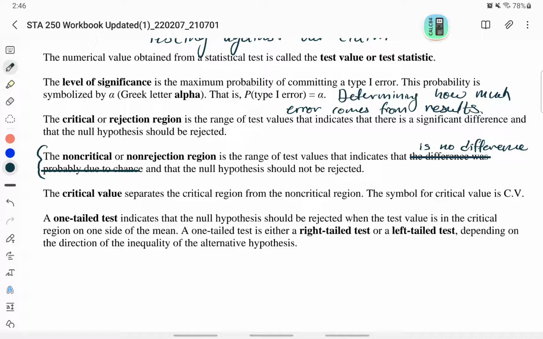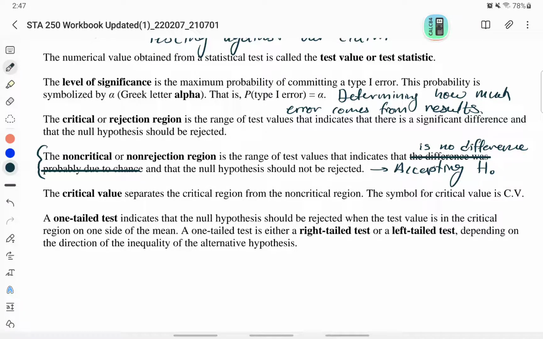So if our test value falls within the non-critical region, we are stating that there is not enough evidence to support our claim. If we do not reject the null hypothesis, then that means we are accepting the null hypothesis. And the null hypothesis is not our claim.